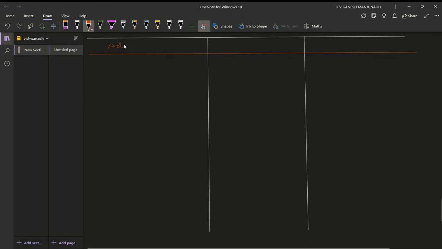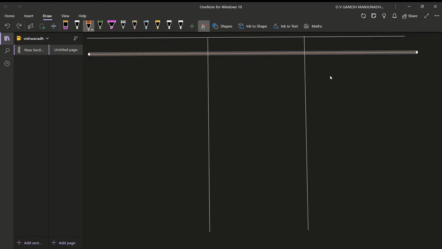Here I am writing adjustment entry. Okay, adjustment entry. One minute friends. Here we shall see, it is not working nicely.